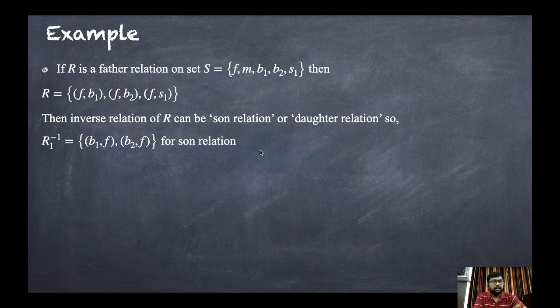In the same manner, the daughter relation, let us name it R2 inverse, will be S1F. So S1 is a daughter of F. This is R1 inverse and R2 inverse. So whenever R is given as the father relation, its inverse will be the son relation or daughter relation.